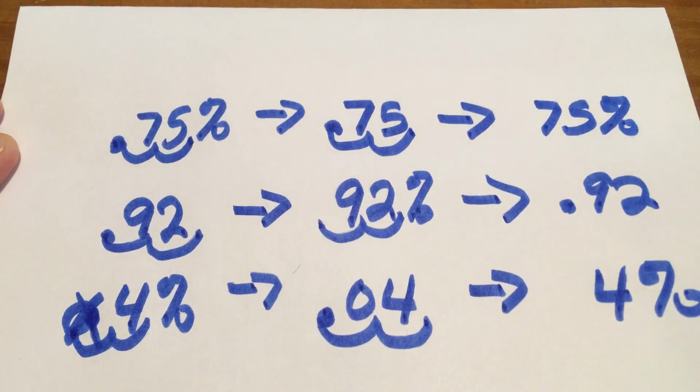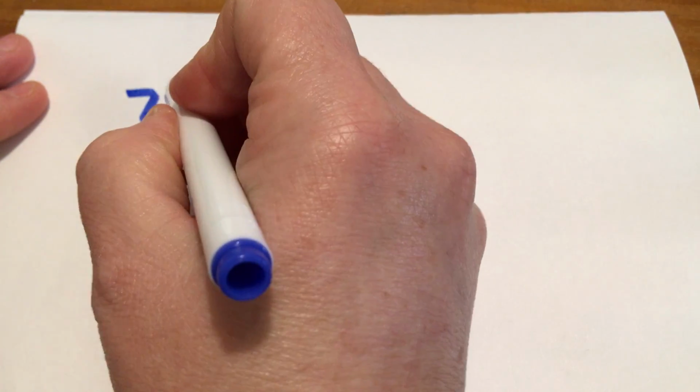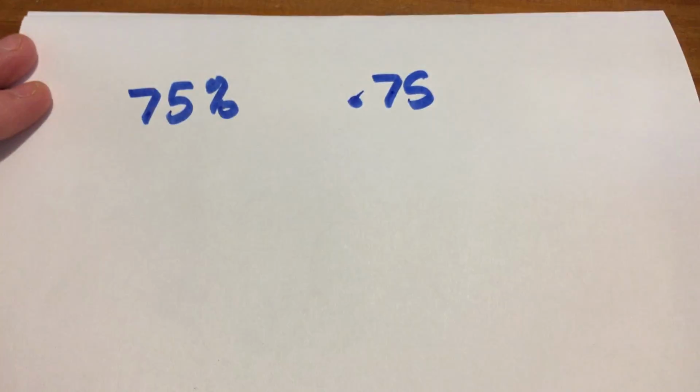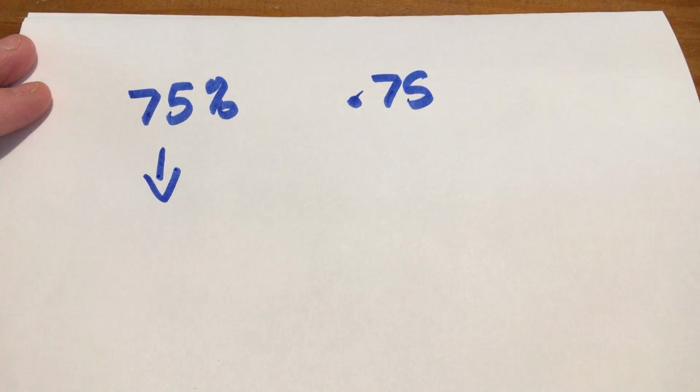A little bit trickier is taking decimals and turning them into fractions. So let's say we have 75% and 0.75. And you need to turn these into fractions. Now the percent is really easy because remember, what's the biggest percent? 100.